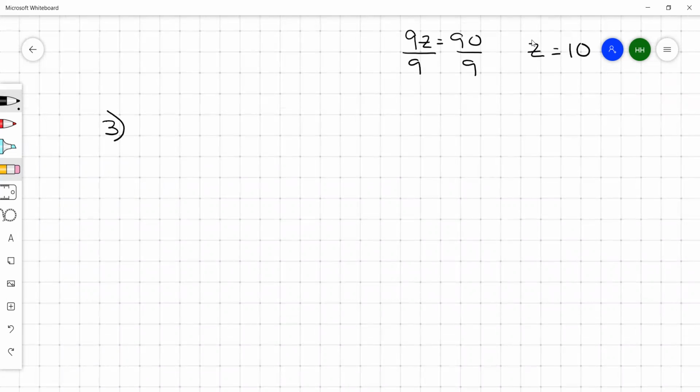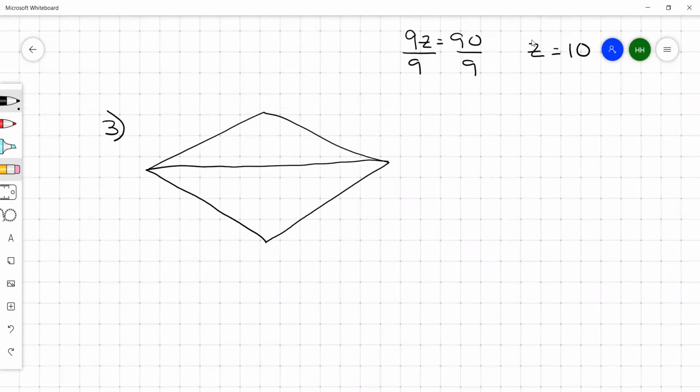Okay, let's see, number 3, in the rhombus, the measure of angle 1. All right, so you've got this rhombus, and angle 1 is up here. It says that it's 118, and you need the angle measures of 2 and 3.